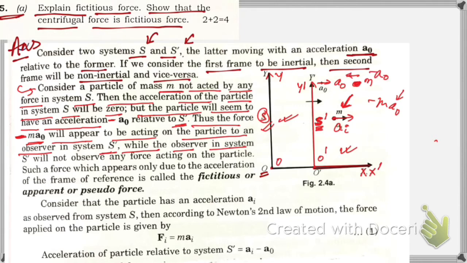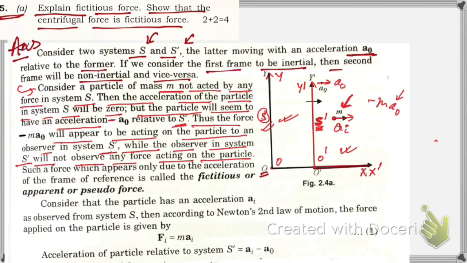So hope you have understood these things, right? Now you see, S dash will not observe any force acting on that. So that observer on S dash will not observe any force acting on the particle.